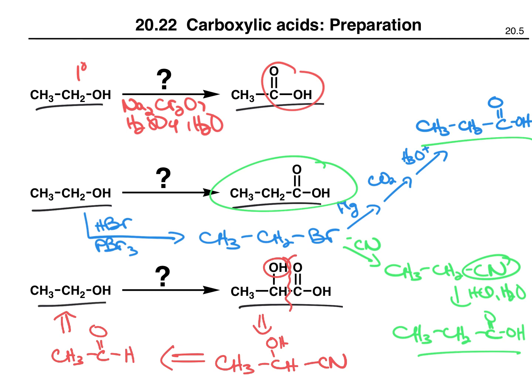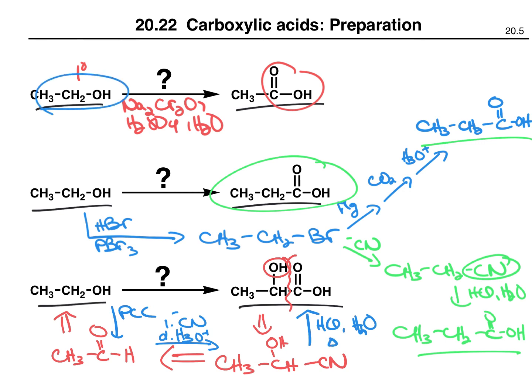So going in the forward direction from our alcohol to an aldehyde, not to a carboxylic acid, we want to use PCC or PDC or the Dess-Martin periodinane. From the aldehyde to the cyanohydrin, we want to use step 1, we add cyanide, step 2, dilute acid, and then to hydrolyze our nitrile to the carboxylic acid, here we need more forcing conditions, so more concentrated HCl and water and possibly heat.